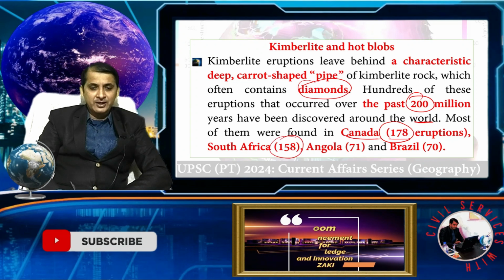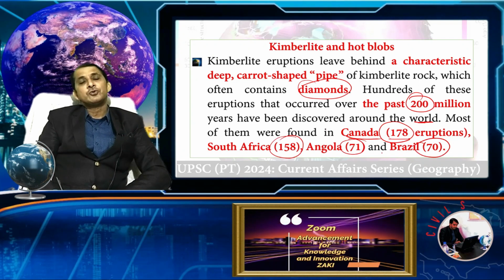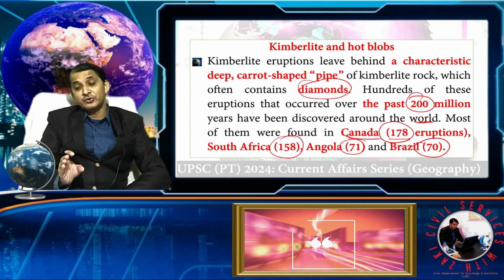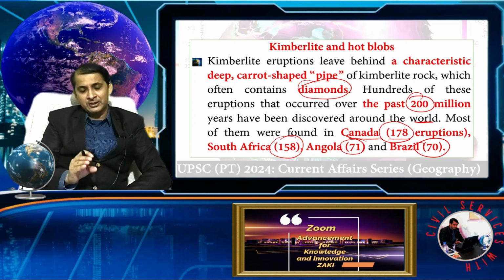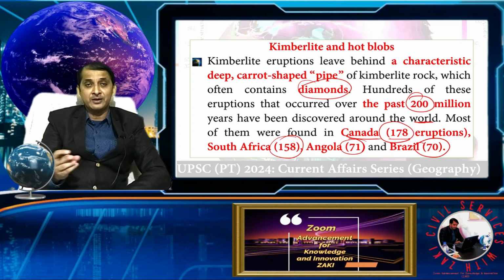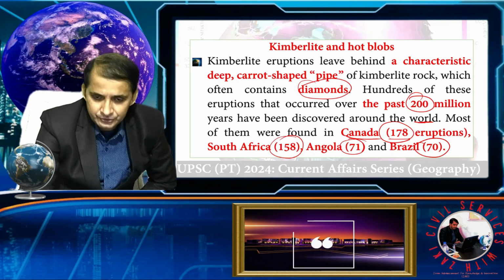After that, South Africa 150, Angola 71, and Brazil 70. So kimberlite is most frequently found and most abundant in these countries.